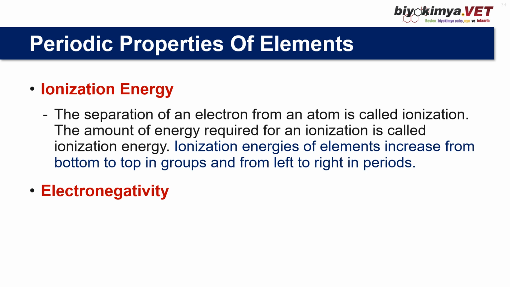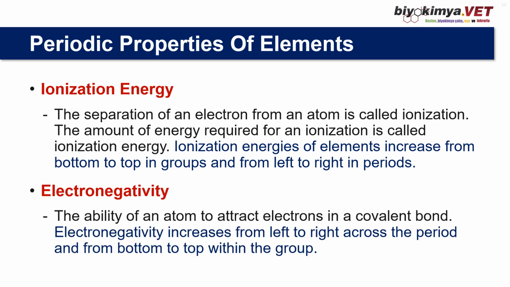And electronegativity, the ability of an atom to attract electrons in a covalent bond. And electronegativity increases from left to right across the period and from bottom to top within a group. And this property exists because of the electronic configuration of the atoms.